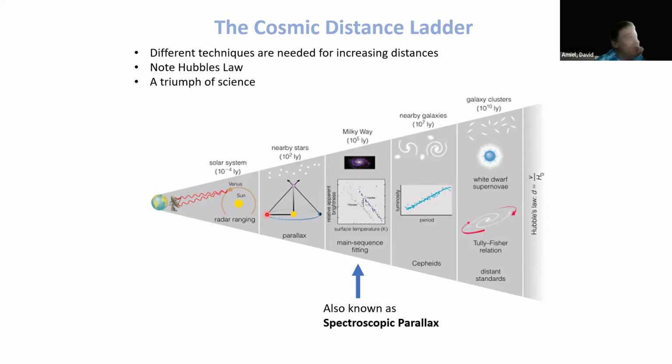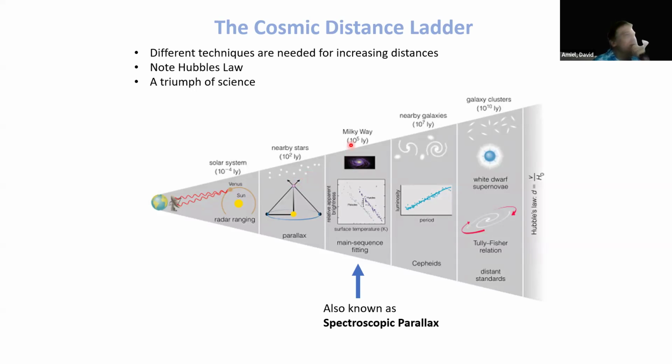And that's the technique we'll be using today, but it's only good for up to 100 light years. After that, the parallactic angle, you're seeing the parallactic angle actually in this diagram, gets very, very small, the technique doesn't work anymore, and you need a better tool.